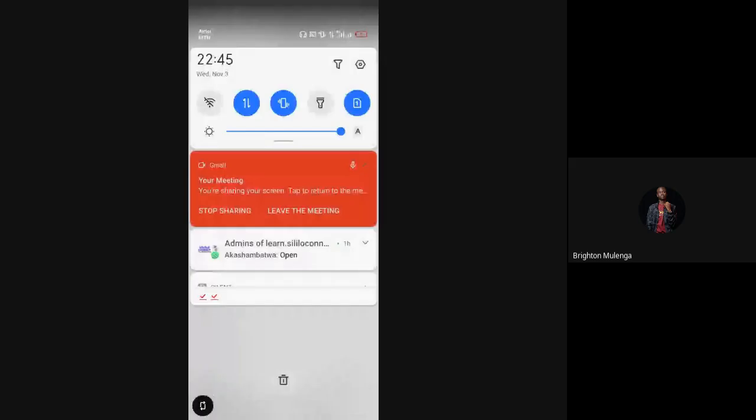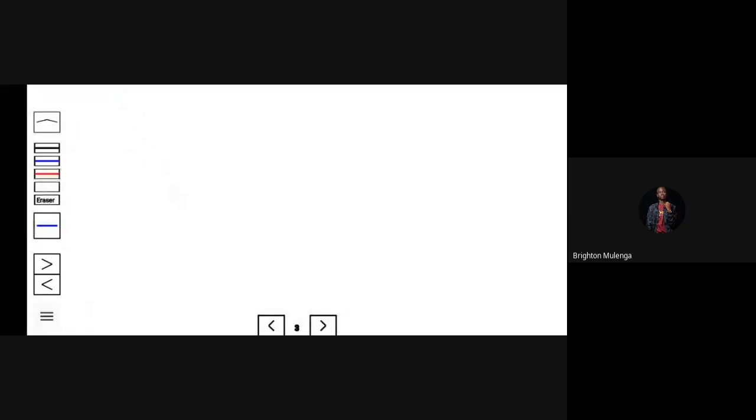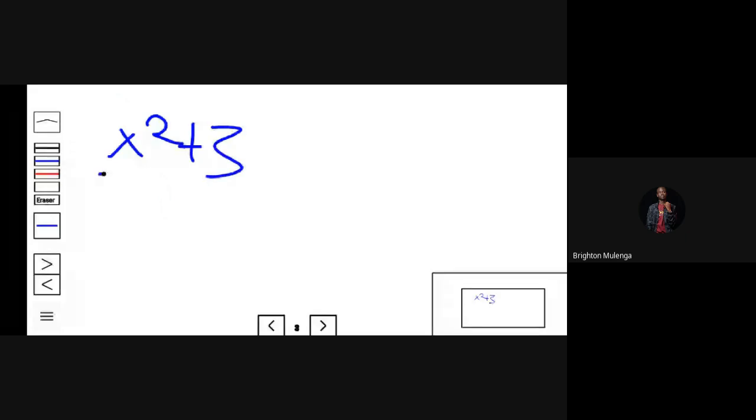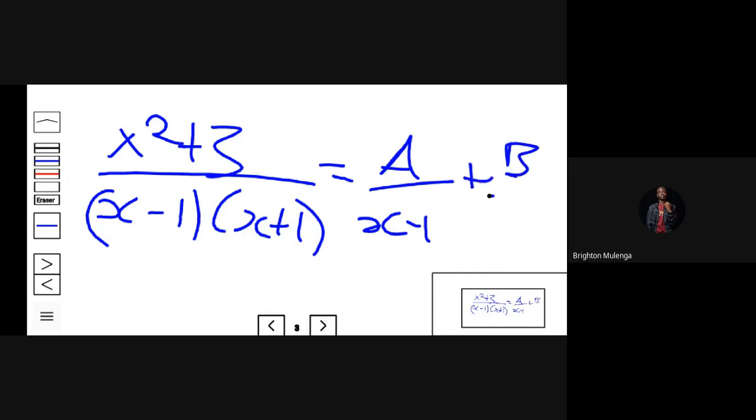On the numerator it's x squared plus 3, divided by x minus 1 in brackets times x plus 1, which is equal to A over x minus 1 plus B over x plus 1.